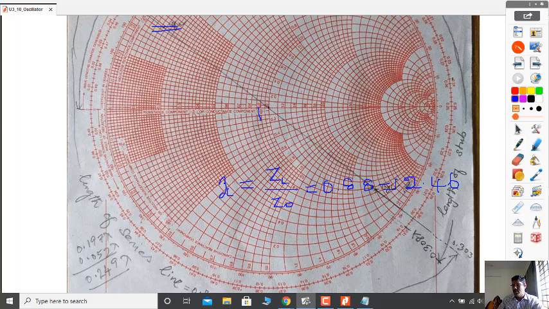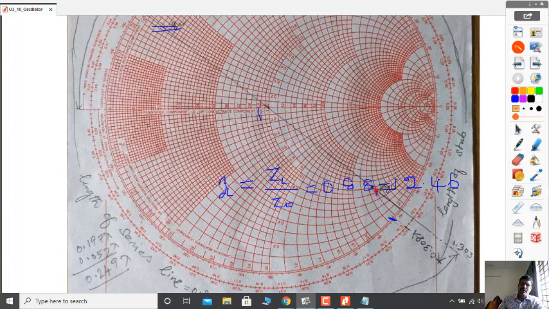The imaginary part is minus j 2.46; this is 2, this is 3, so this is 2.46. Now you move along this circle and also along this circle, and these two intersect here. So this is the point, the normalized load impedance zl.